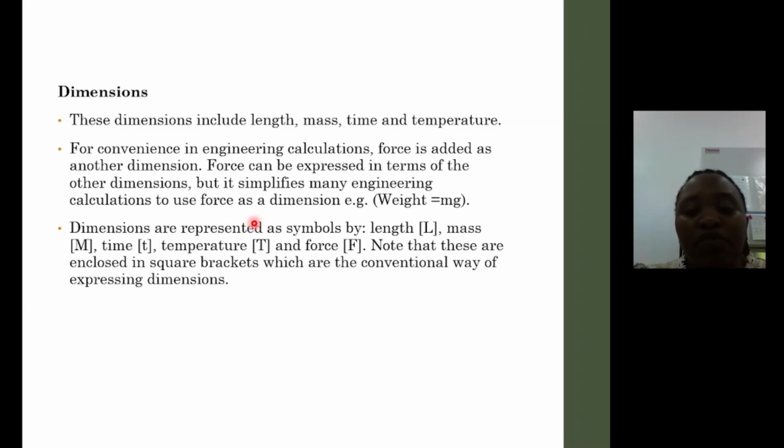For example, we say weight is equal to mg. So several dimensions are represented by symbols. Length we write L, mass M, time small t, temperature capital T, and force F. Note that these are enclosed in square brackets, which is the conventional way of expressing dimensions in industrial processes.